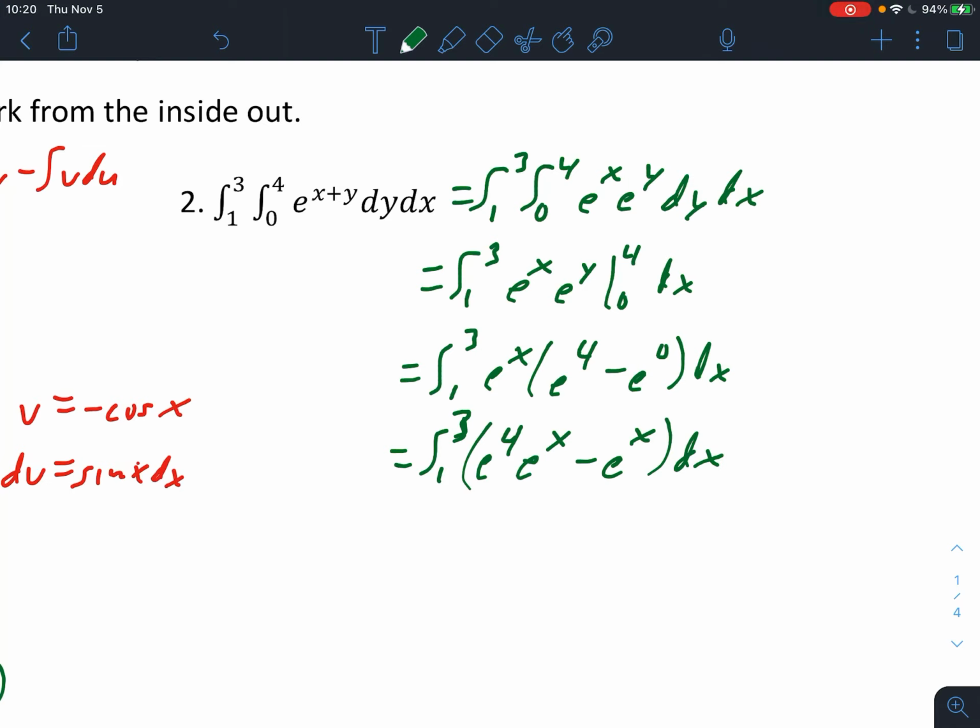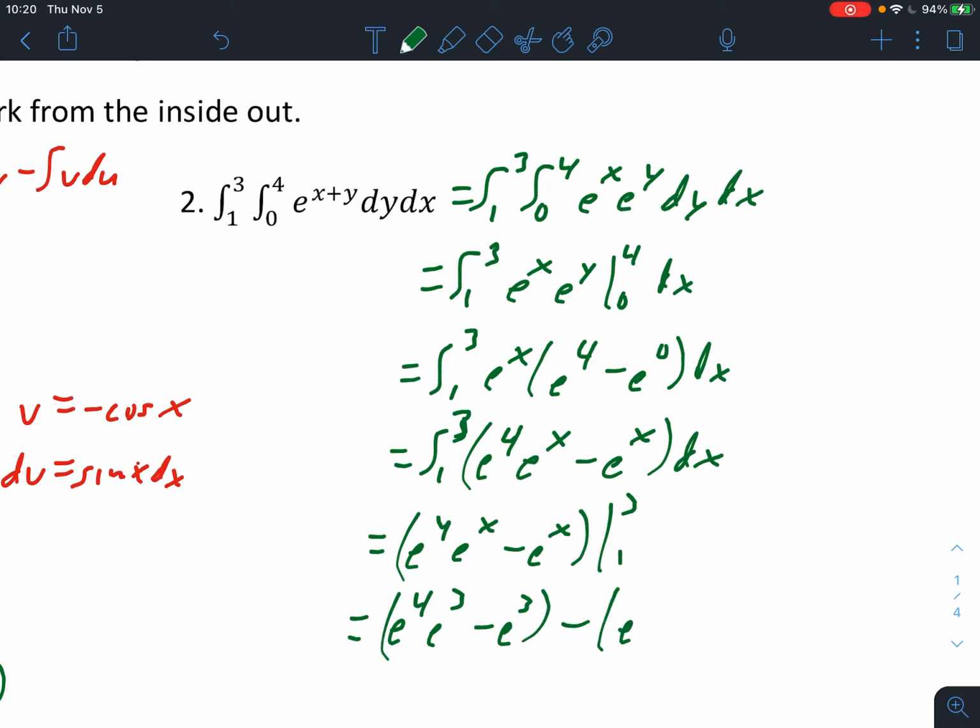So we have e to the fourth e to the x minus e to the x. That integral is just basically the exact same expression from 1 to 3. So we have e to the fourth e to the third minus e to the third, minus e to the fourth e minus e.